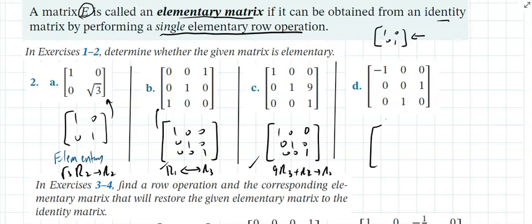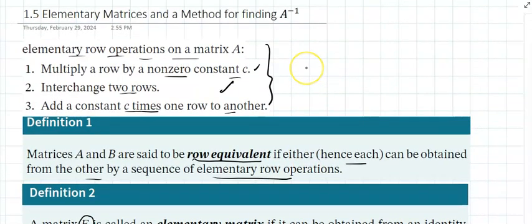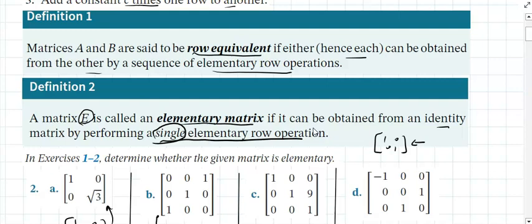I would have to switch row 2 with row 3, but also I would have to multiply row 1 by a negative, put it back in row 1. That's more than one operation, so this is not elementary. It has to be a single operation. What would be a single operation? Doing just one of those 3, single elementary operations.